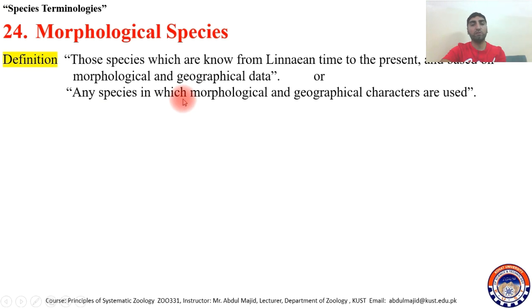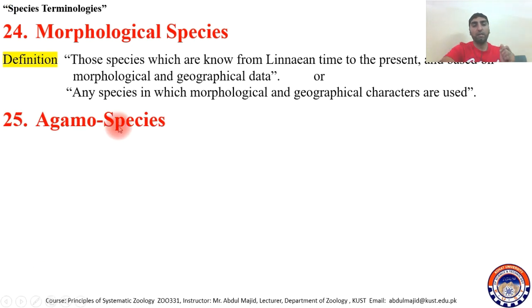Or any species in which morphological and geographical characteristics are used. For example, if you are going to identify certain species, and we are using morphological and geographical characters for their identification, such species will be known as morphological species.